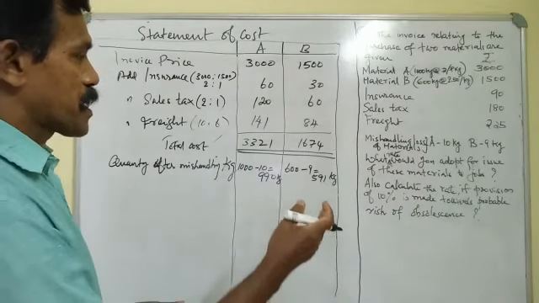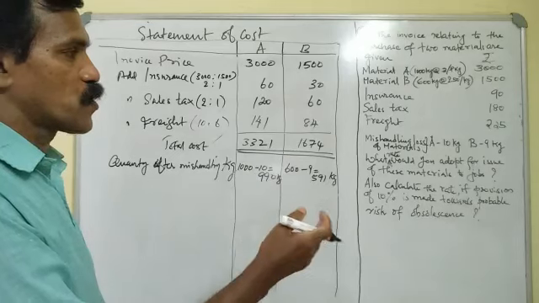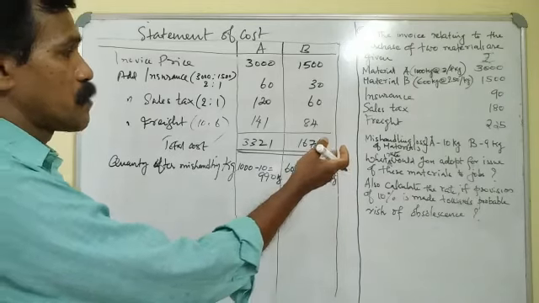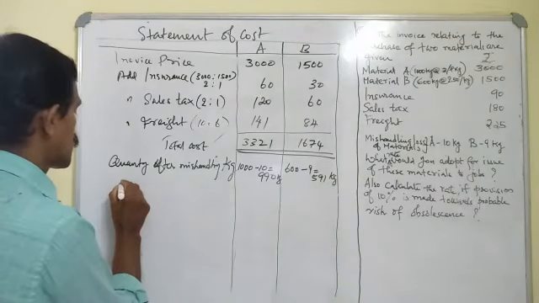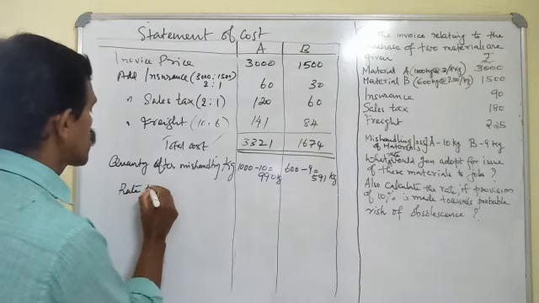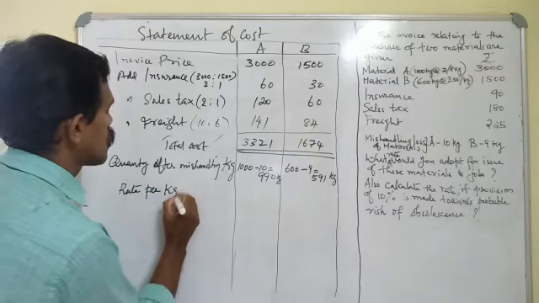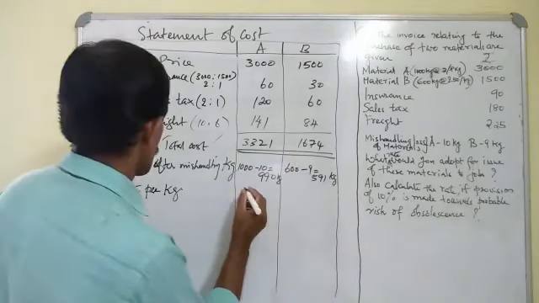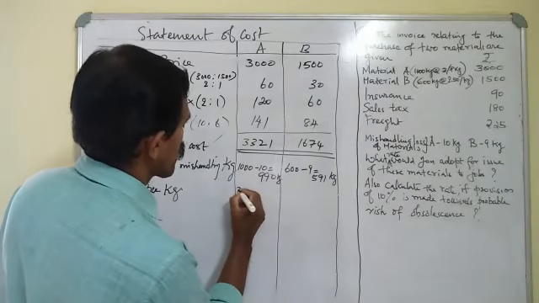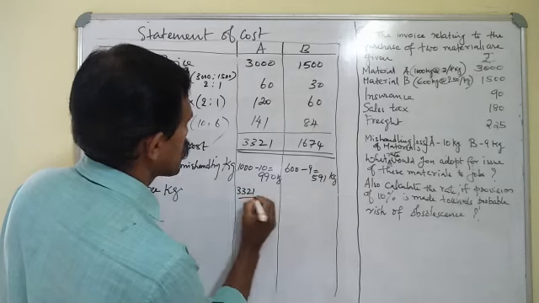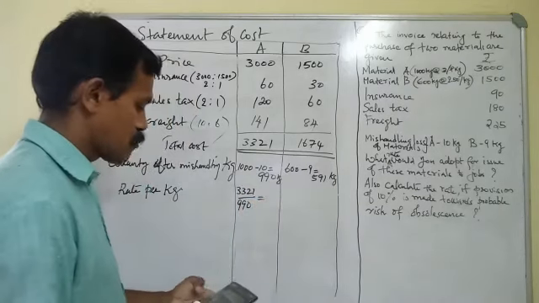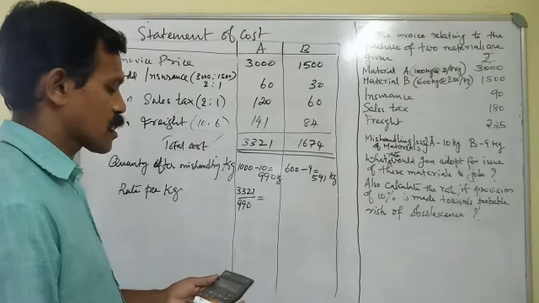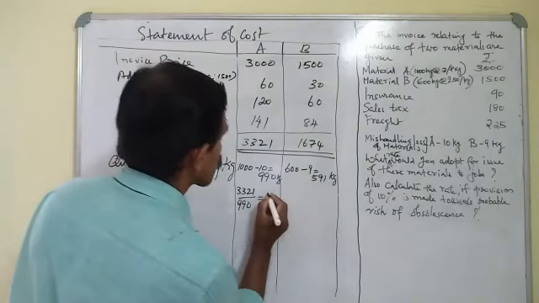Then our first part is this: what rate would you adopt for your materials if you have this mishandling loss? So rate per kilogram. Our total cost for A is 3321, that divided by 990, is equal to 3.35.